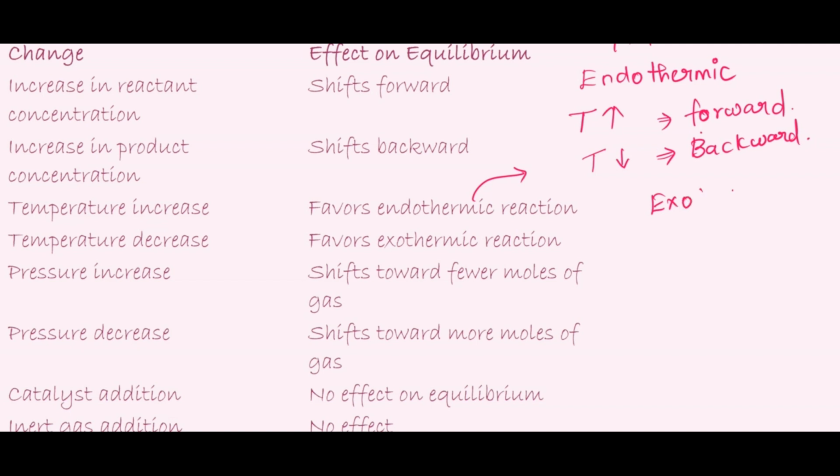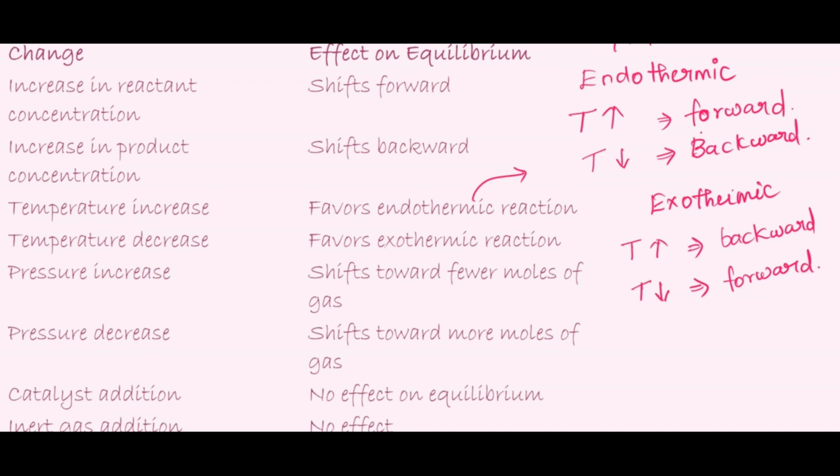Similarly, if there is an exothermic reaction, heat evolves, heat releases, temperature increases, then backward. Temperature decreases, then forward reaction happens. Okay, clear? Then the third important factor, that is pressure.